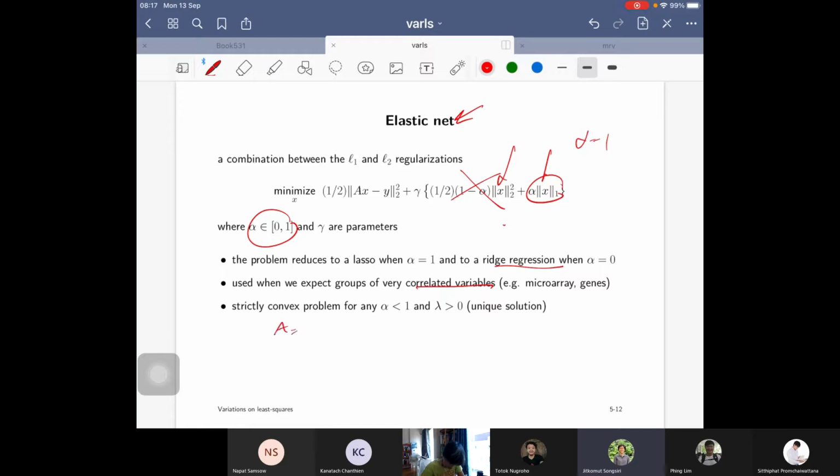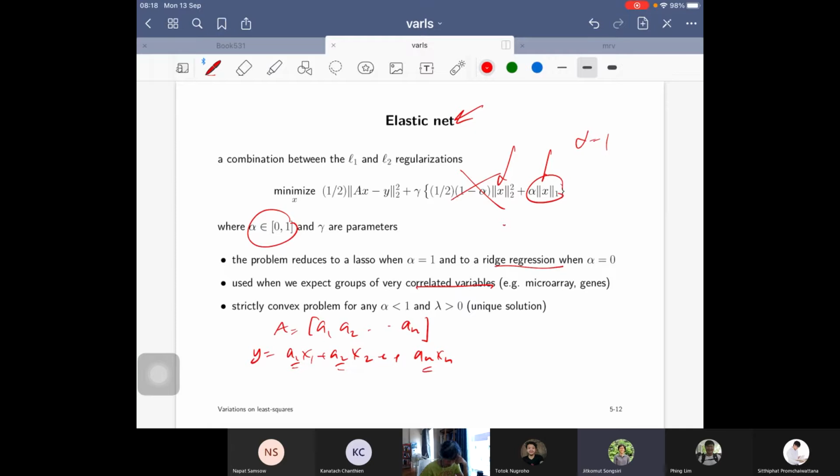Think about matrix A that has n columns. Recall that each column in A represents a predictor, or an independent variable, used in the linear regression model.